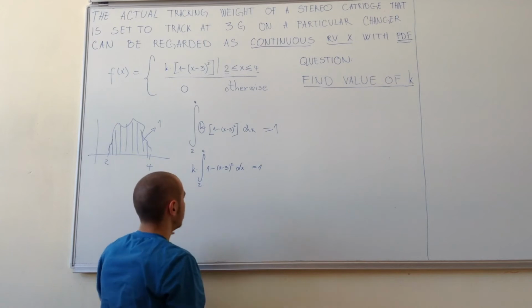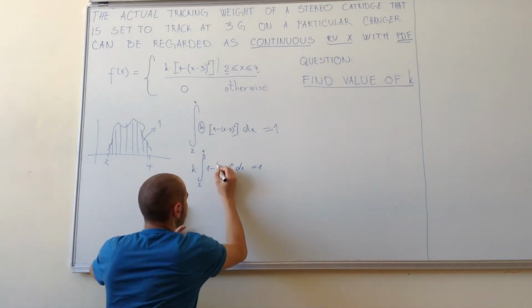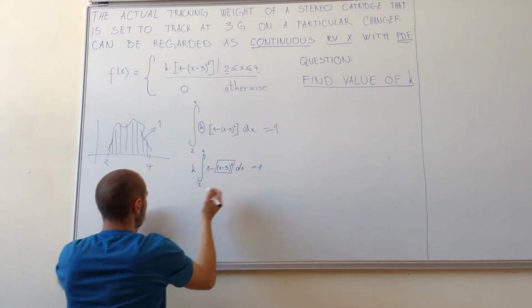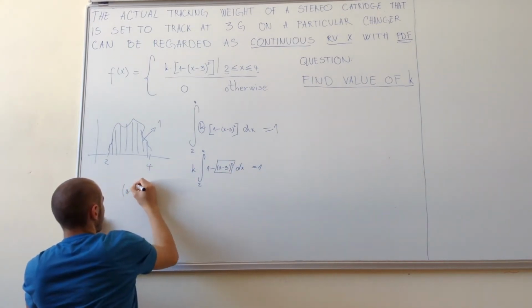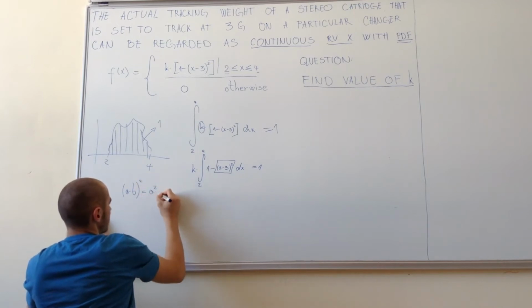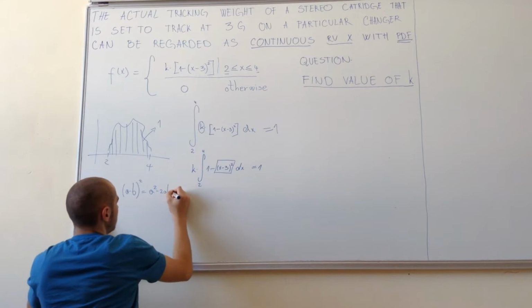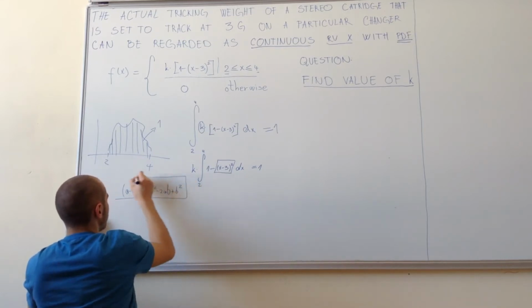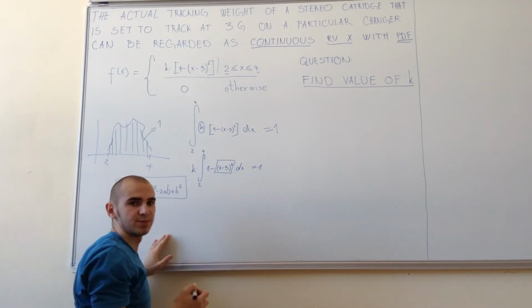The next step we will do is get rid of this bracket here. We know that (a minus b) squared is equal to a squared minus 2ab plus b squared. This is the property we will use to get rid of this bracket.